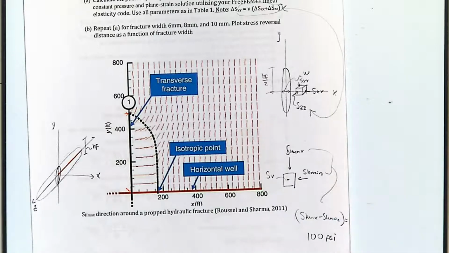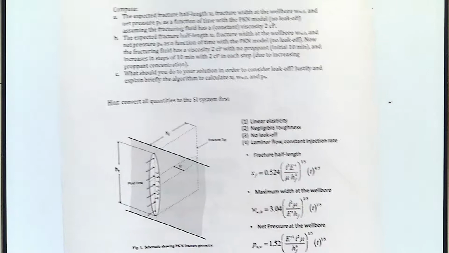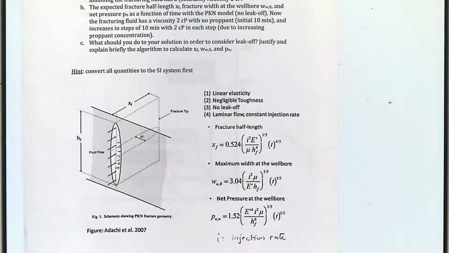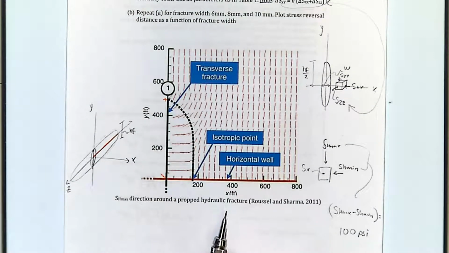So I'll come back to this in a little bit, because actually we need to go through these models to see how those make stress vary around the fracture. But that's the objective, to do a computation of hydraulic fracture propagation, prediction of length, width, and pressure with time, and also to find what is the point in which the stress is reversed.